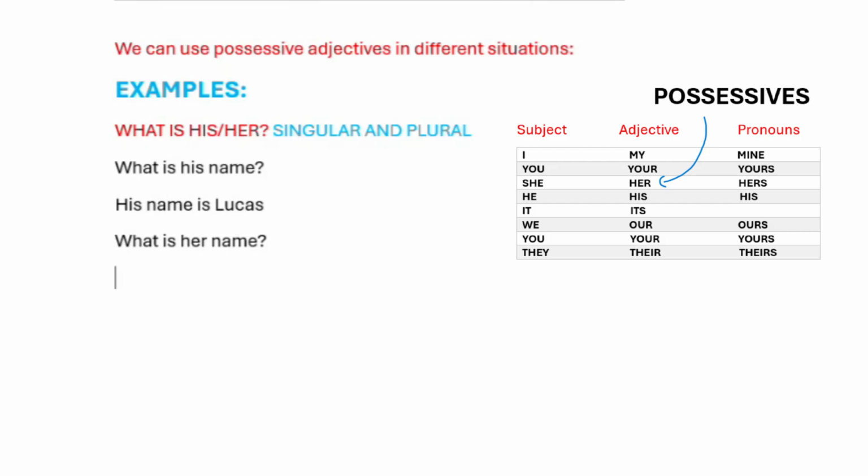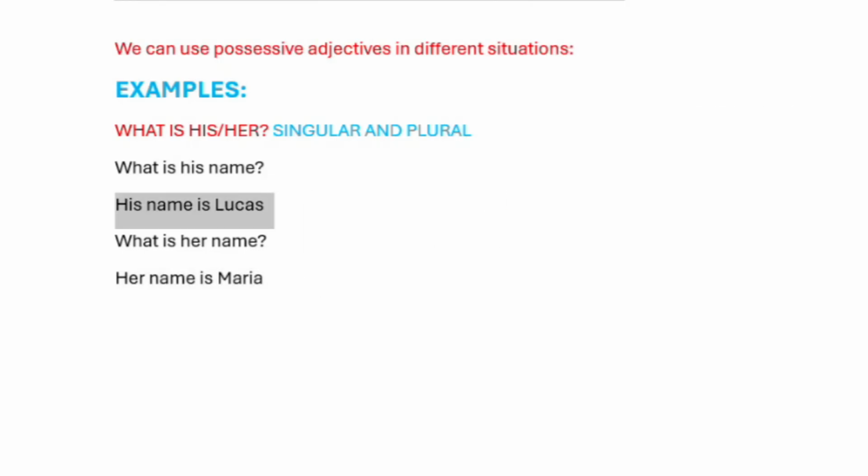And a person answers, her name is Maria. Her name is Maria, a woman, and his name is Lucas, a boy, because he's the possessive. The name belongs to him and the name belongs to her. His, her. And this is in a singular form.